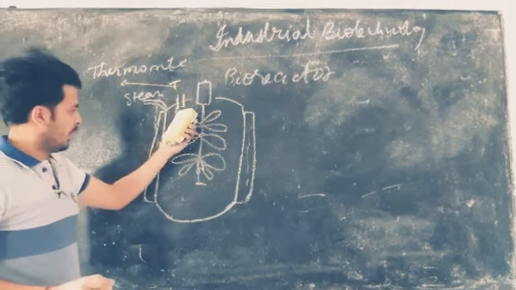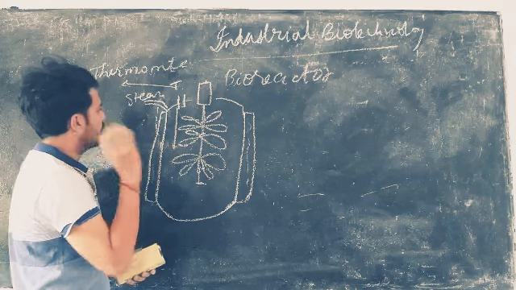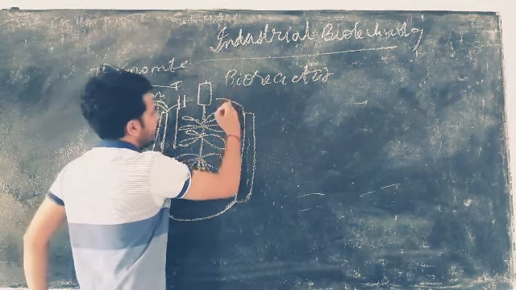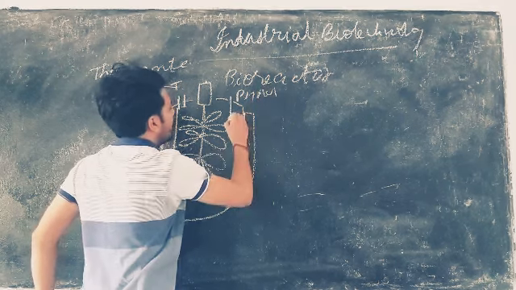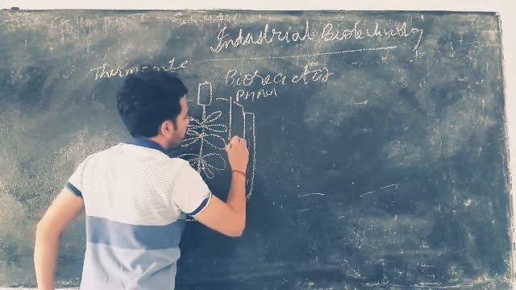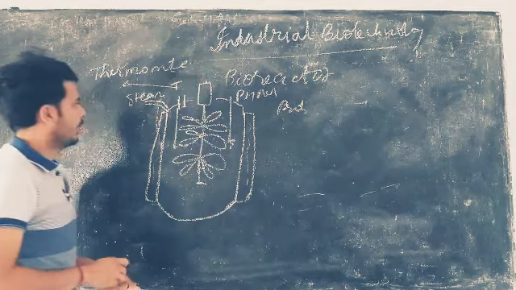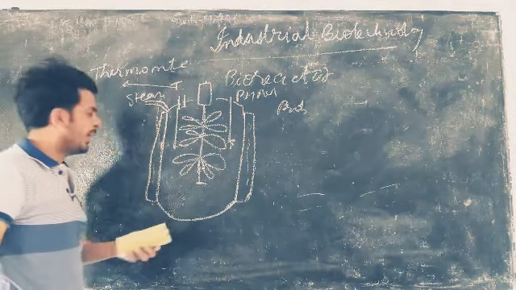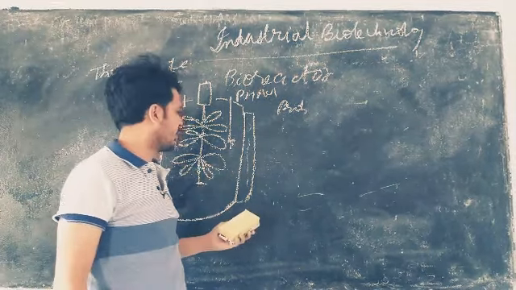The probe is more than half dipped into the solution. On the other side, similarly, a pH meter, or pH probe, is connected. Likewise, the thermometer regulates the temperature of the whole process. The pH meter regulates the pH.